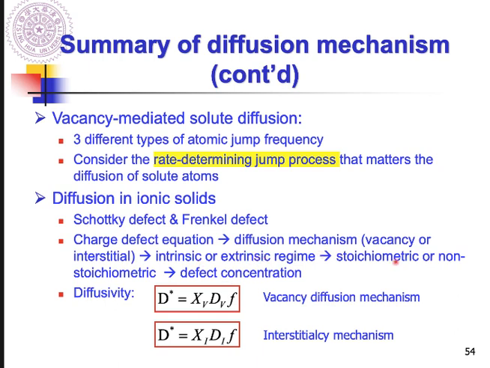Next, based on the ion's electronic state, you can have some idea whether a non-stoichiometry effect happens in your ionic material. Then you can successfully get the fraction of vacancies, XV or XI, and you have the chance to completely formulate the diffusivity of the cation or anion in your ionic material.